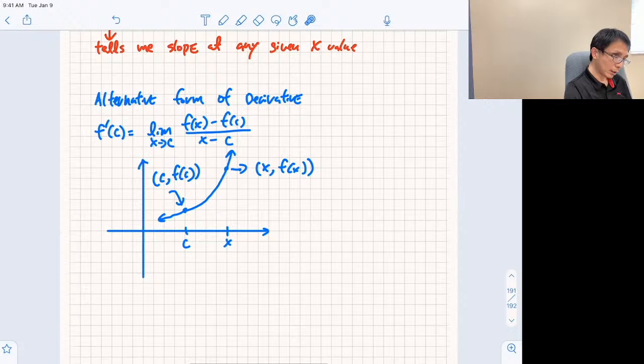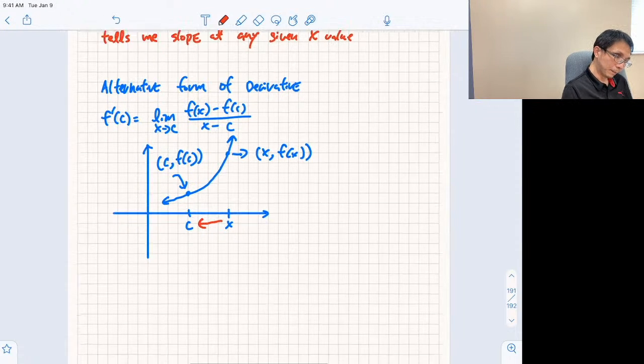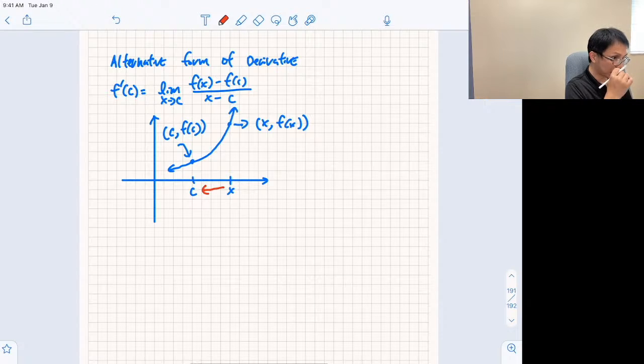Does that make sense? You reduce the distance. The closer I get, the more likely it becomes 1 point, or 2 points so close to each other that they almost look like 1 point. So that's that.